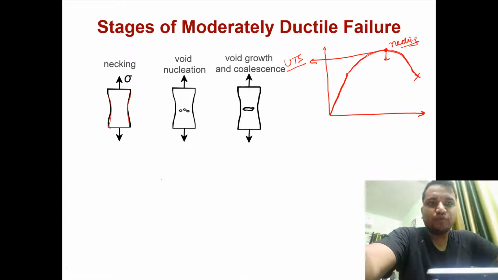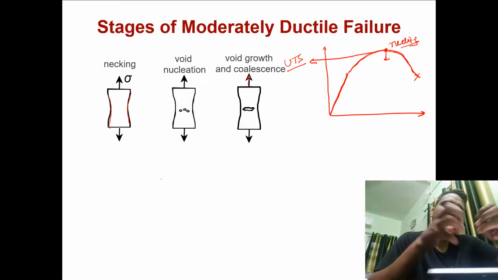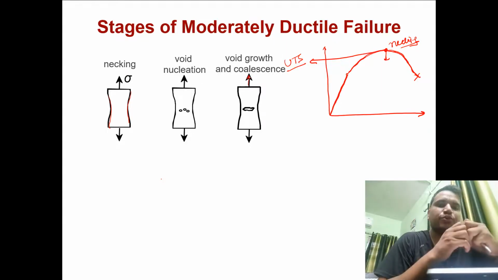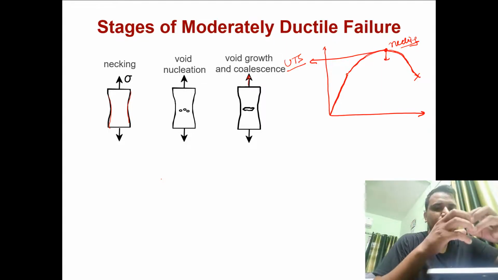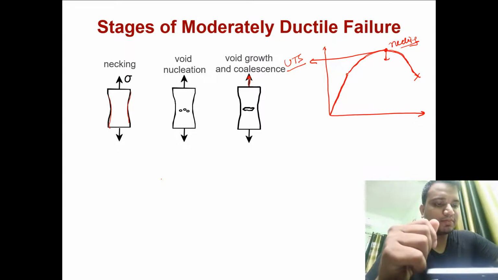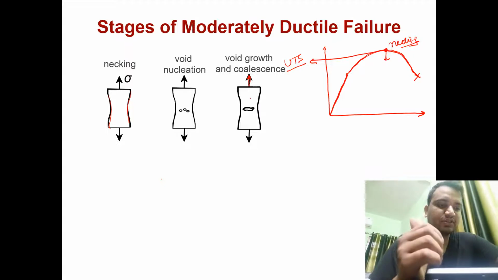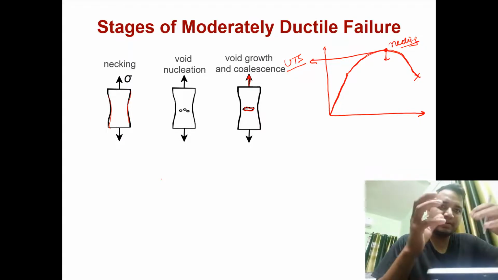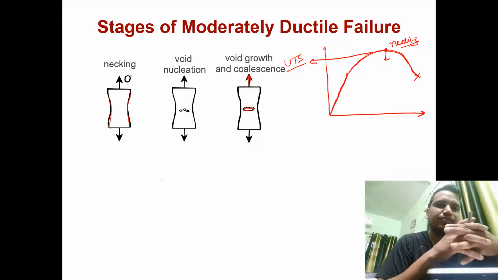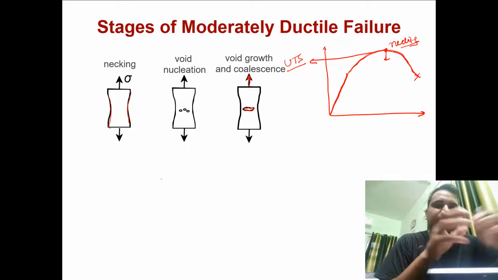These are small voids, and by the application of this stress, these voids will grow. Once the voids grow, they also come together, because there is a permanent application of force at that point of time. So the voids mix with each other, that is called coalescence.